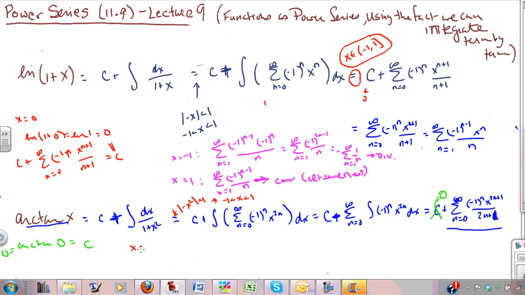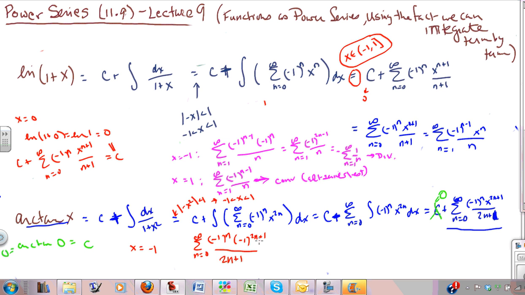At x equals negative 1, we get the sum from n equals 0 to infinity of negative 1 to the n, times negative 1 to the 2n plus 1, over 2n plus 1.